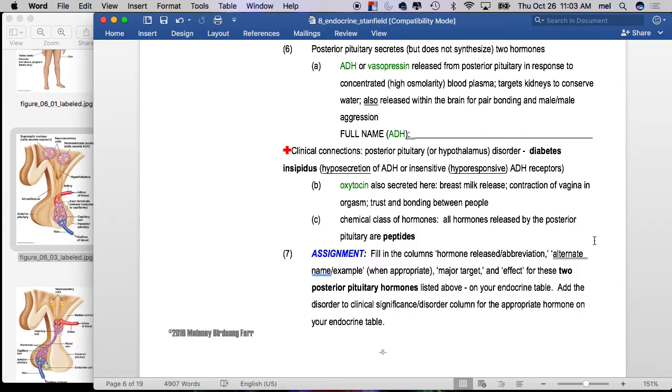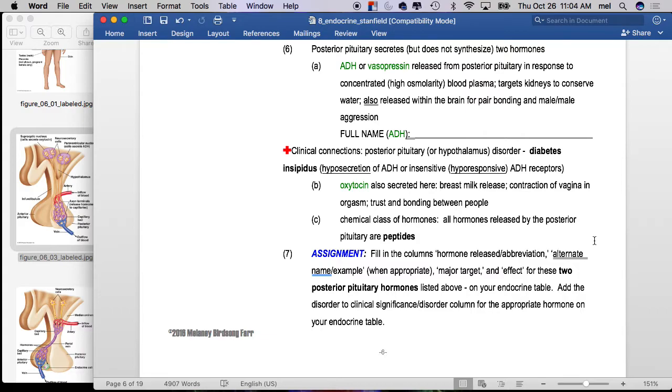The primary trigger for releasing it, there's more than one, is that the blood going through your brain comes into contact with those neurons and is slightly hypertonic: too many solutes, not enough water. When they detect that, you release ADH, which goes to your kidneys and makes you retain water. It also makes you get thirsty, by the way. So you retain water. Does that make sense?